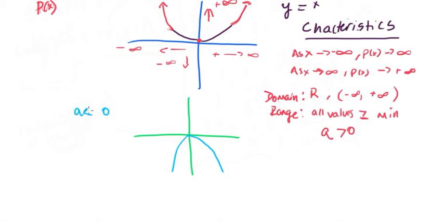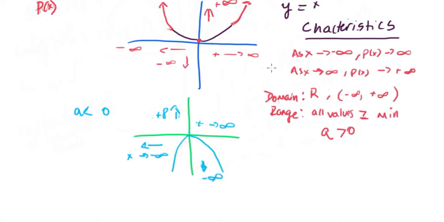Of course, we know this direction will be as x approaches negative infinity, and this direction will be x approaching positive infinity. My function p of x will approach negative infinity in both directions.